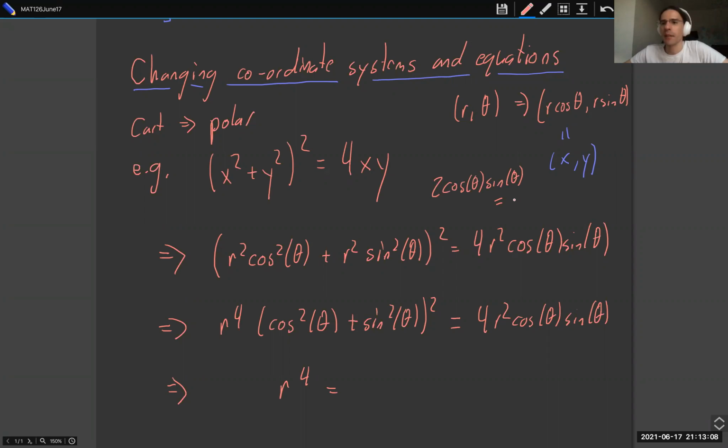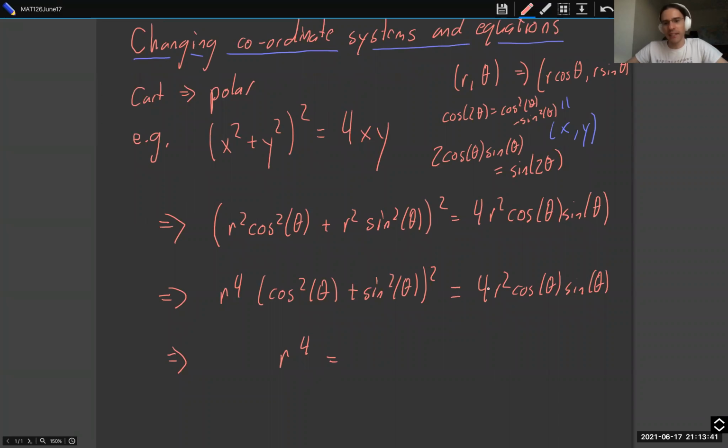This is one of the double angle formulas. Is it for sine or cosine? Cosine, no, cosine we've used a lot in integrals. It's the sine one. Cosine of 2 theta is equal to cosine squared theta minus sine squared theta, whereas if you have a cross term, then it's the sine formula.